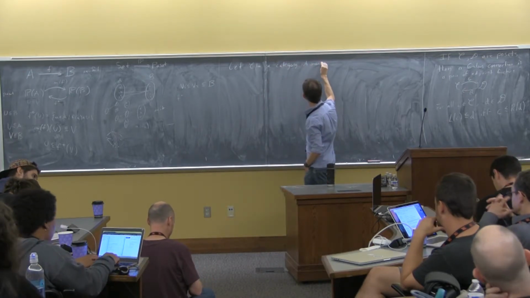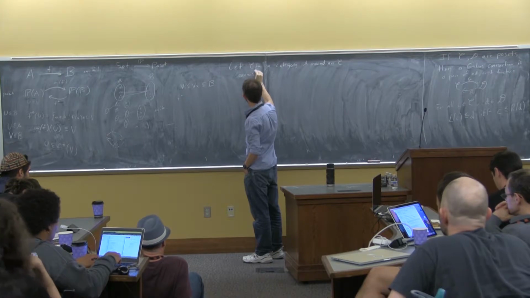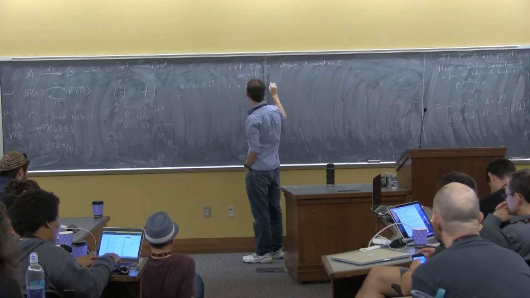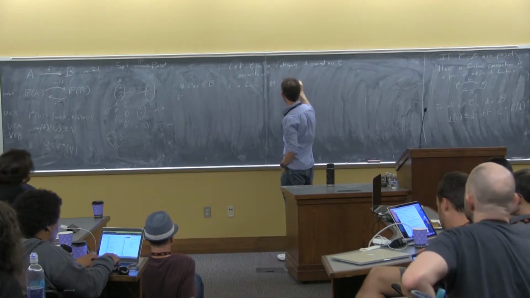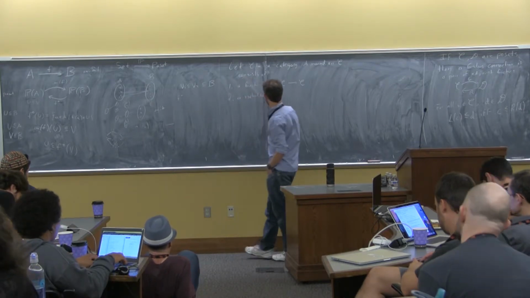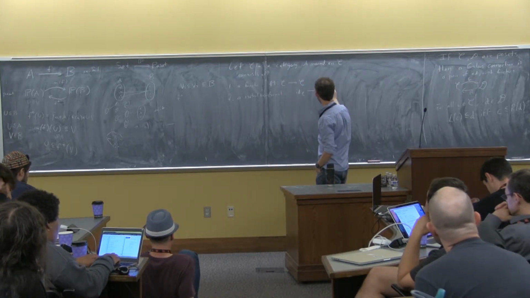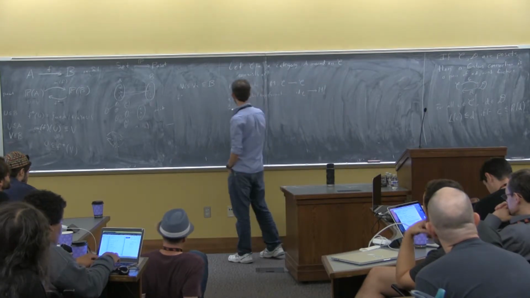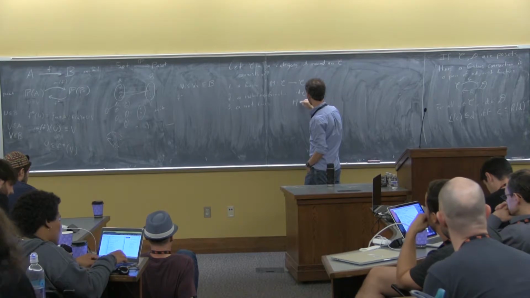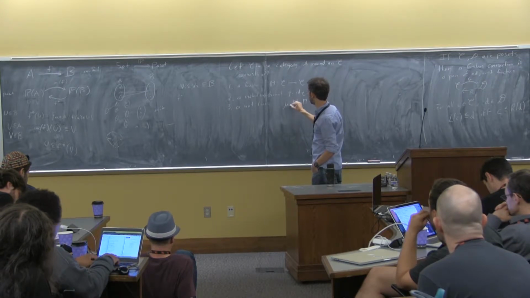A monad on C consists of, one, a functor M taking C to C. Two, a natural transformation from the identity of C to M. And three, a natural transformation from M circle M to M. This one's called eta, and this one's called mu, for multiply.